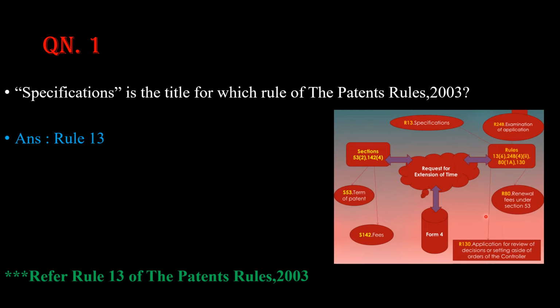This is given just to refresh our memory, so that whenever Form 4 comes to the picture, we can very well remember sections 53, 142 and rules 13, 24B, 80 and 130. Fine.